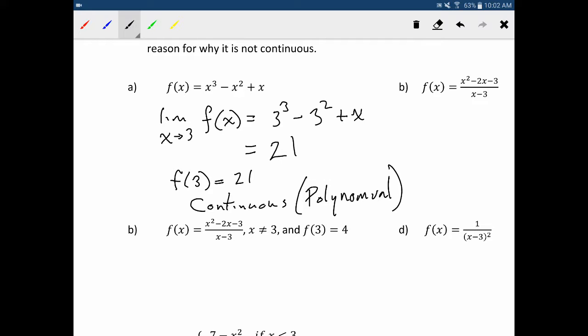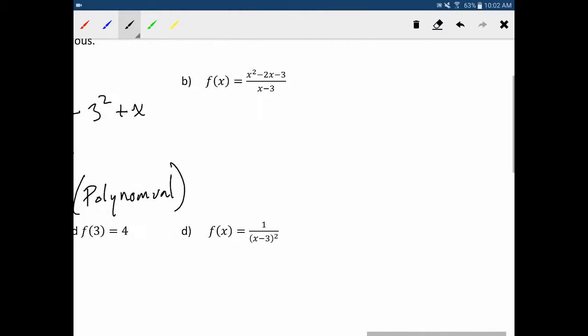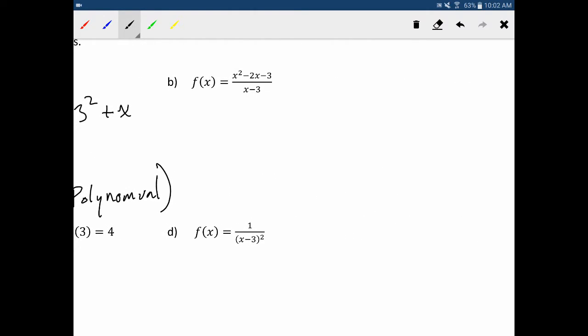Now, if we take a look over here, we've got something a little trickier. This could just end up being a hole, having this x minus 3, and actually that is what it's going to work out to be, but that doesn't really matter.